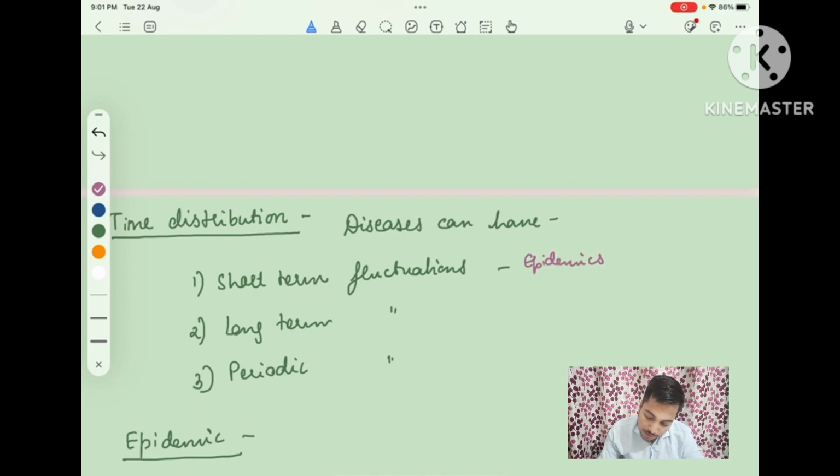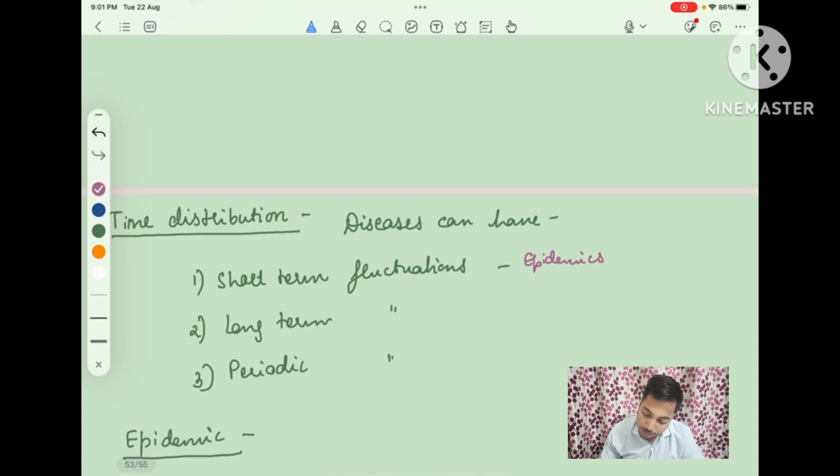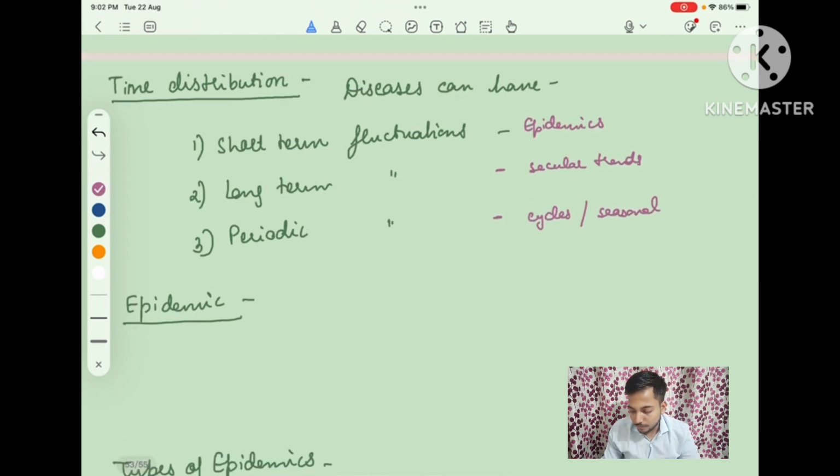Whereas, first of all, talking about long-term fluctuation, these are known as secular trends. We'll be discussing each one of them in detail. And the third, that is periodic fluctuation, is also known as cyclic or seasonal variations.